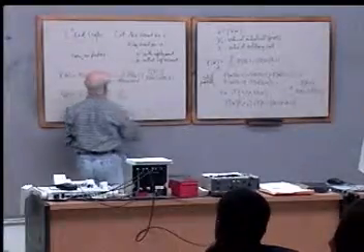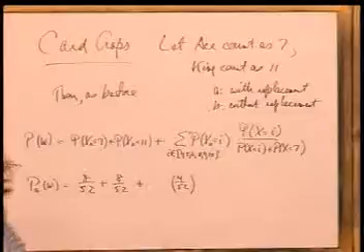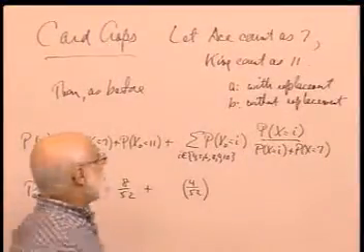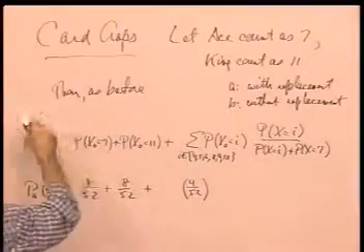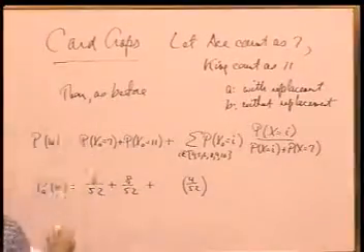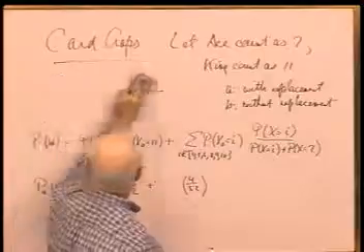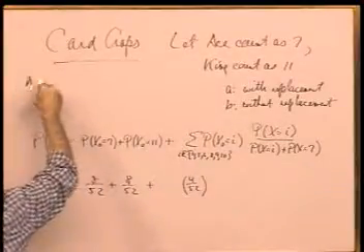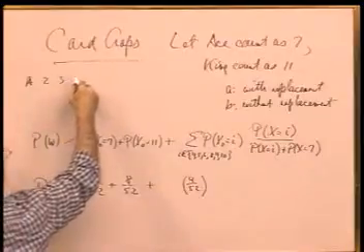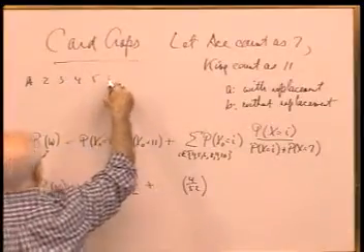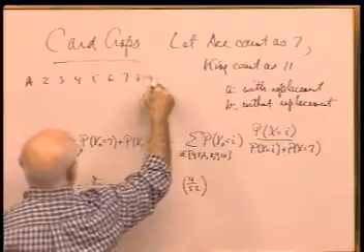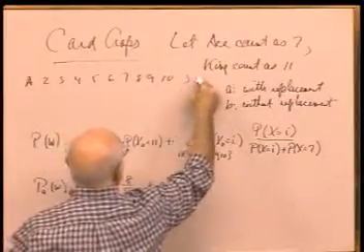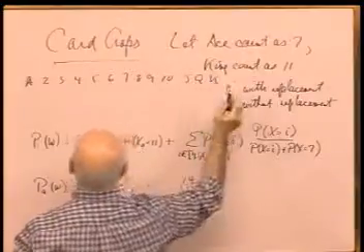Excuse me, what do you call a queen? A queen is a 12. Remember that with cards, let's go back to cards. Let me write this out here. For card craps, cards you have ace, 2, 3, 4, 5, 6, 7, 8, 9, 10, jack, queen, king.